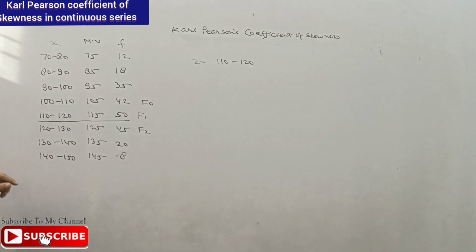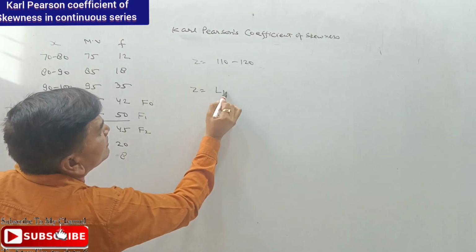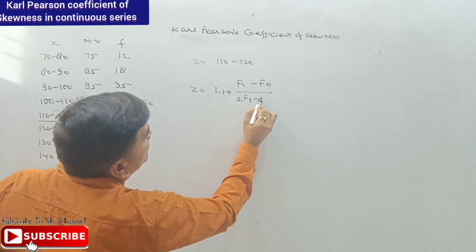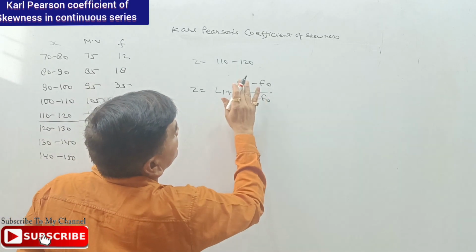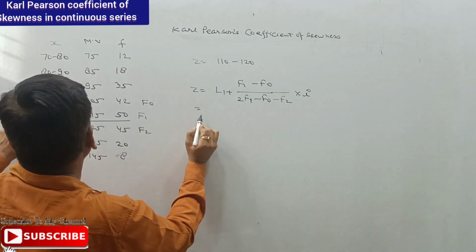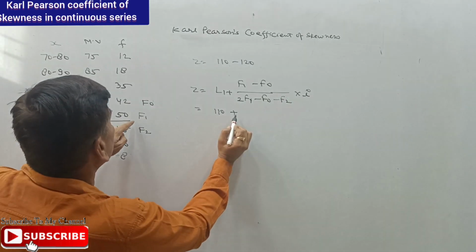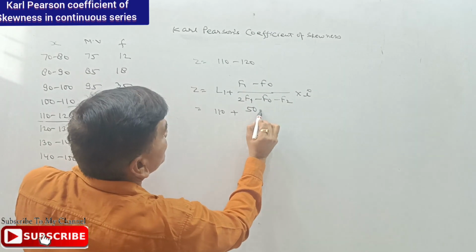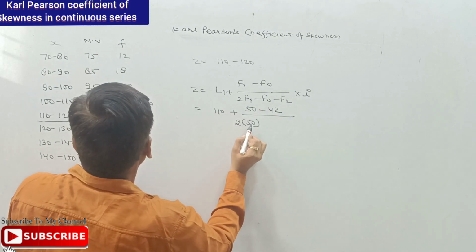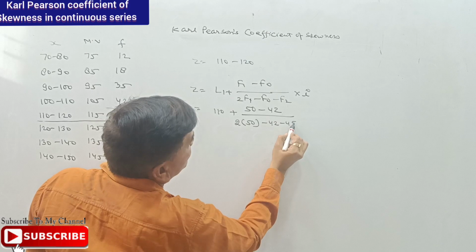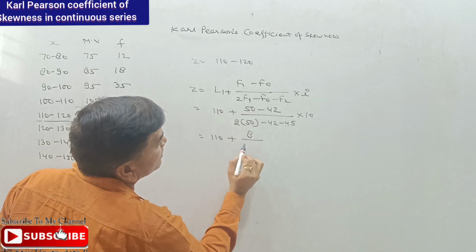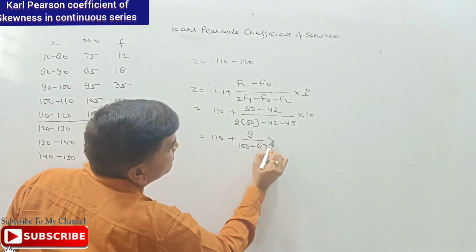First we will calculate the value of Z. Z is equal to L1 plus (f1 minus f0) upon (2 f1 minus f0 minus f2) multiplied by i. The lower limit is 110. The frequency of the modal class is 50. The pre-frequency of the modal class is 42. So 2 multiplied by 50 minus 42 minus 45, multiplied by 10. That is 110 plus 8 upon 100 minus 87, multiplied by 10.